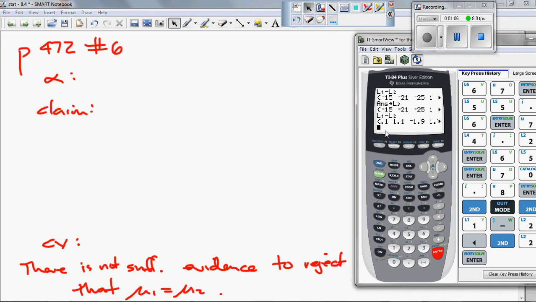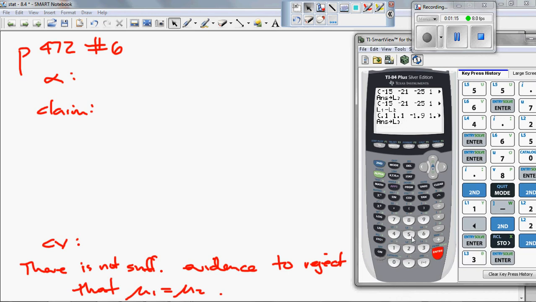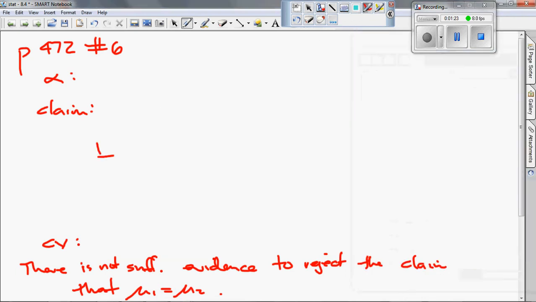What we want to do is now store those values in list 3. So store in list 3. Alright, so now our values are stored in list 3. These are the values from problem number 6. We did list 1 minus list 2 and stored them in list 3.